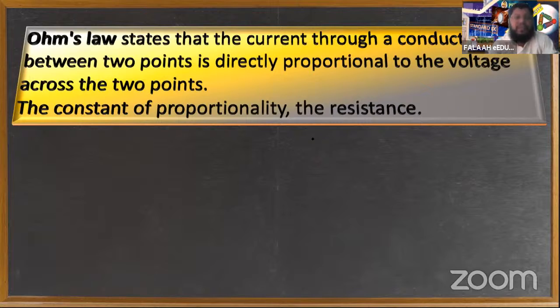Okay, Sweta, will you please read once again for me? Ohm's law states that the current through a conductor between 2 points is directly proportional to the voltage across the 2 points. The constant of proportionality is the resistance.